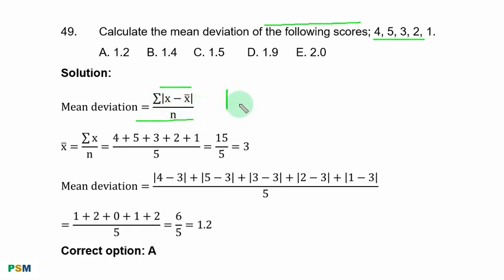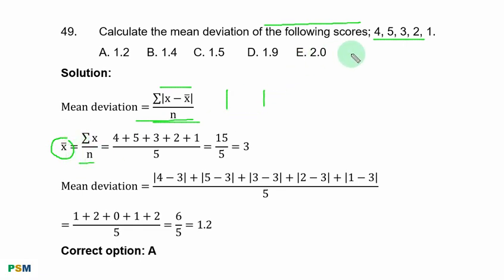This symbol also means absolute value. What it does is that it converts all negative results to positive, while the results that are positive remain the same. Before the formula, we need S bar, which is the mean, given by summation S over N.